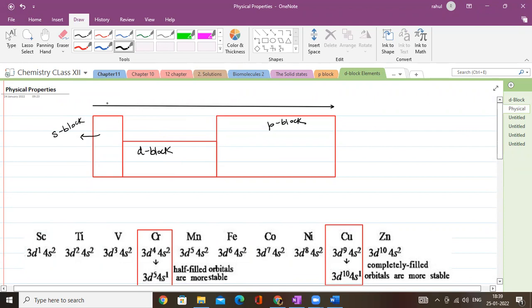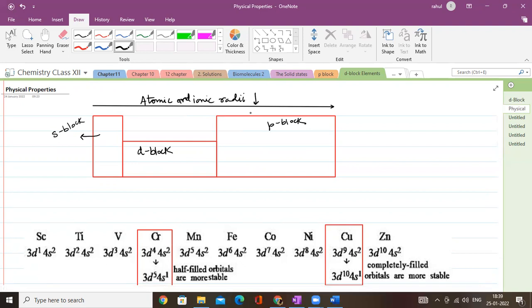We have already done that whenever we move from left to right, the atomic and ionic radii decrease. The reason why the atomic and ionic radii decrease whenever we move from left to right in the periodic table is because of the nuclear charge, or another term which is used, the effective nuclear charge.